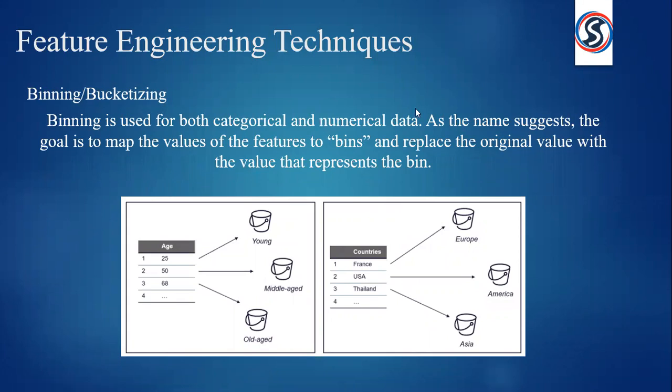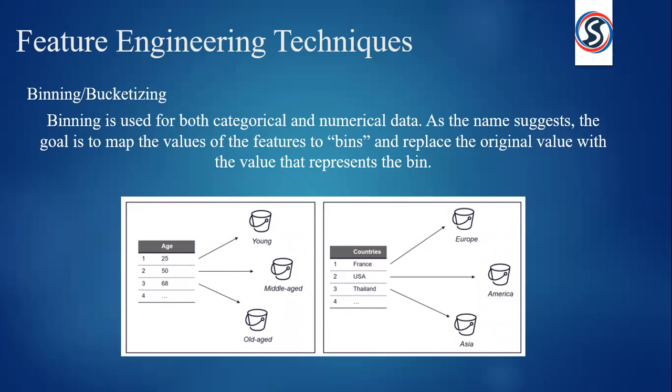So what is this binning or bucketizing? Binning is used for both categorical data and numerical data. We were saying we are going to give it in a machine readable form. Even numeric values can be read by machine, but we will make it still clearer for the machines to understand.